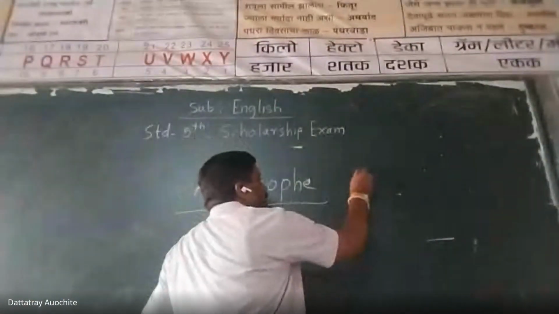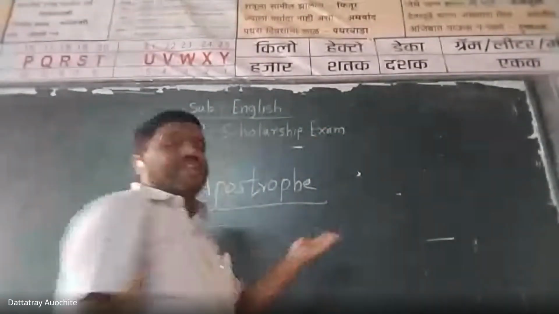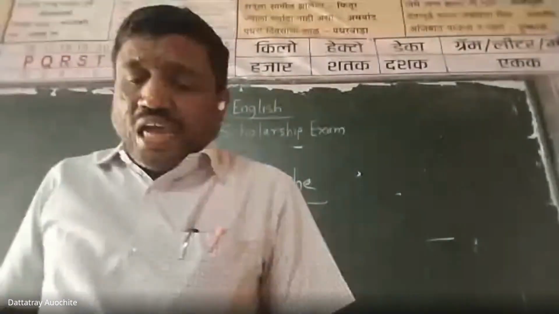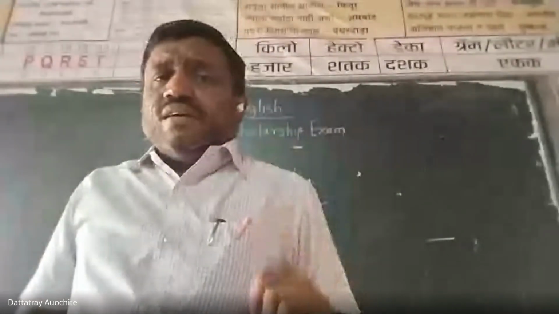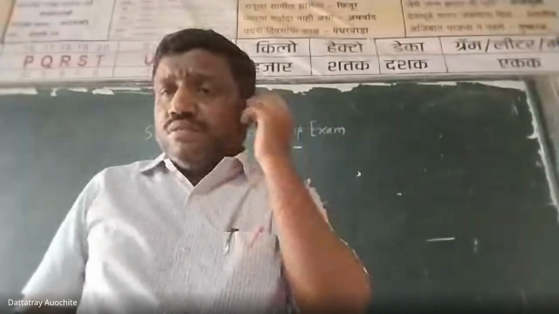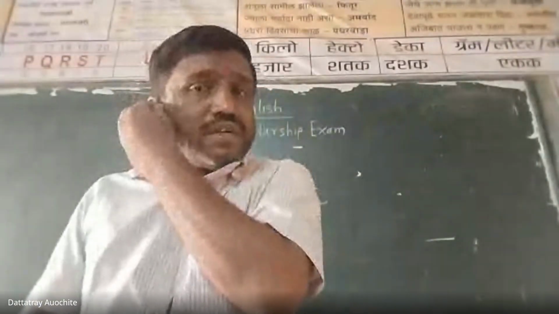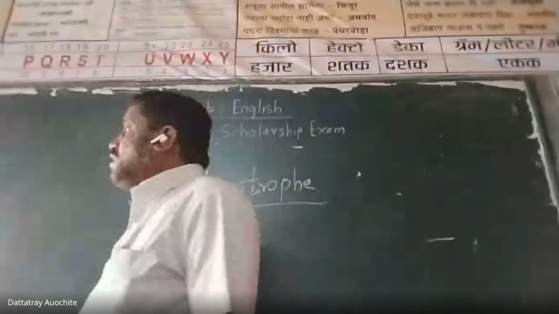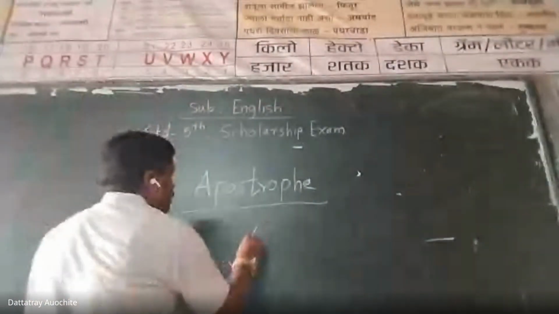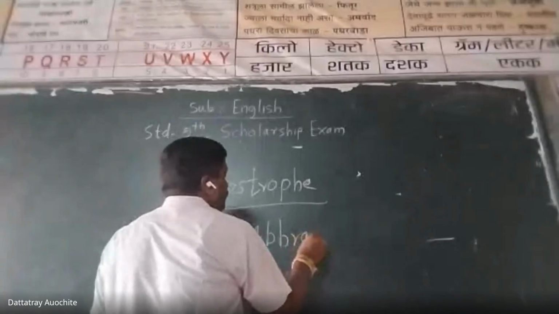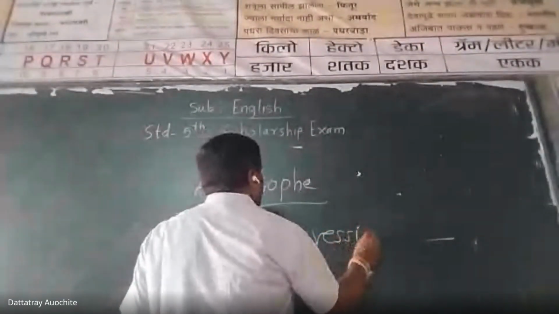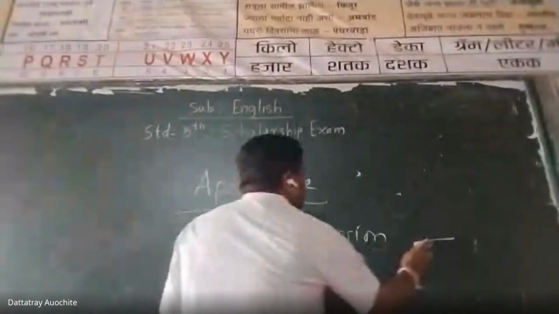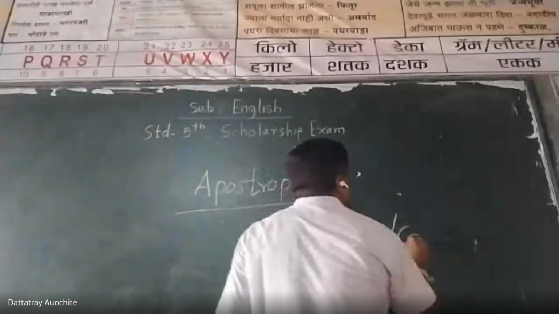Here, at the upper side of the word, we use this mark, the apostrophe, and there are two important uses in a sentence. The first one is abbreviation, or another term for it, contraction.